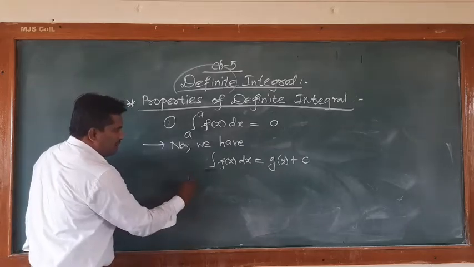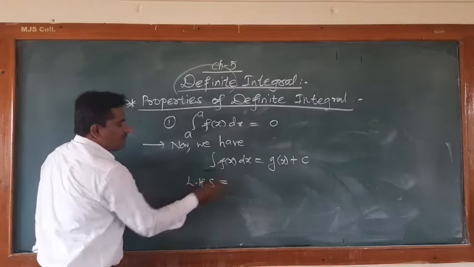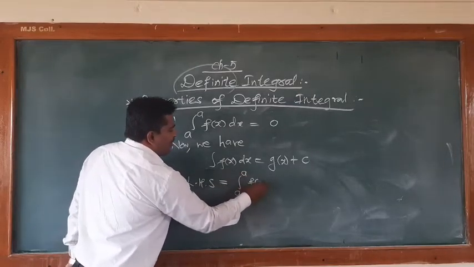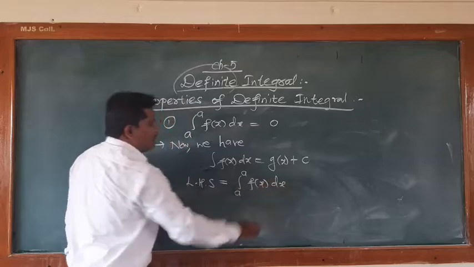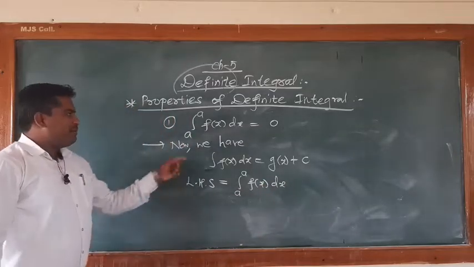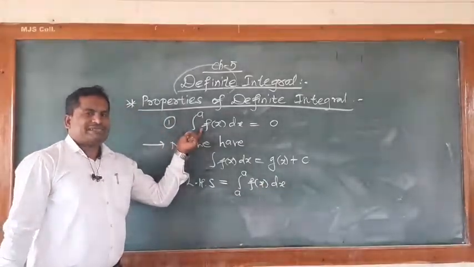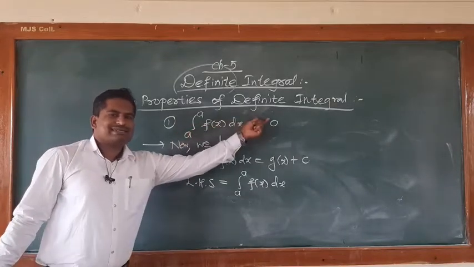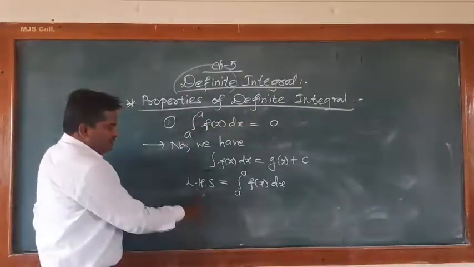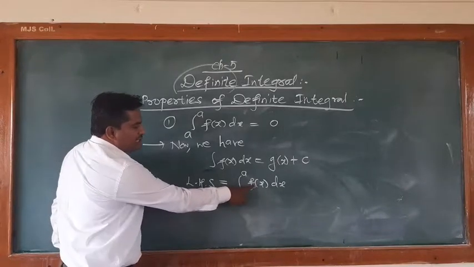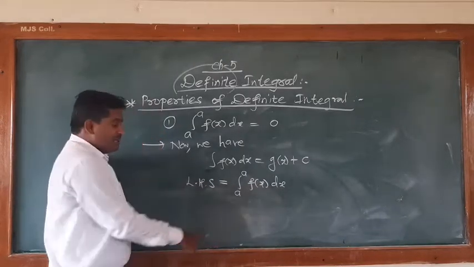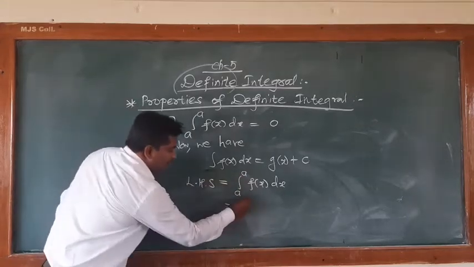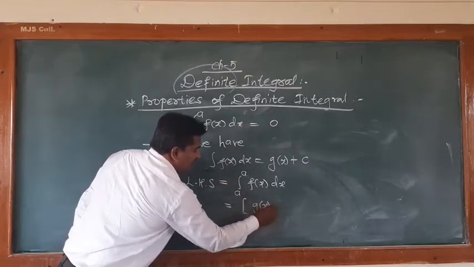Then LHS, integration a to a f of x with respect to dx. We can prove this property in the simplest way, that means LHS goes towards RHS. Then LHS is integration of f of x with respect to dx with limit a to a. By definition of integration, it is g of x plus c.